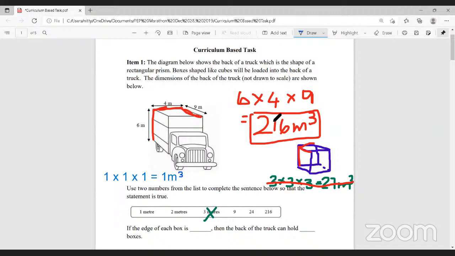So because we know that 216 divided by 1 is equal to 216, that seems as if that can work, because right here it says if the edge of one box is 1 meter, so this 1 meter here works out. Let me go ahead and put that in the spot. 1 meter.